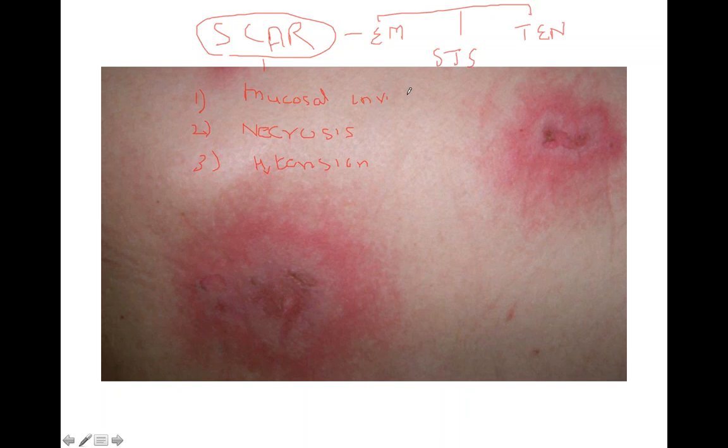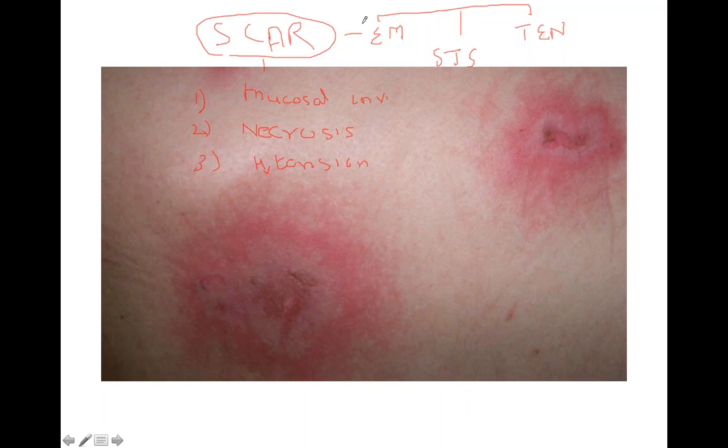Generally, it is caused by infection, by herpes simplex, by mycoplasma, or maybe coccidioides infection, that can also cause erythema multiforme, as we know from infectious disease. It may be caused by drug reactions also.